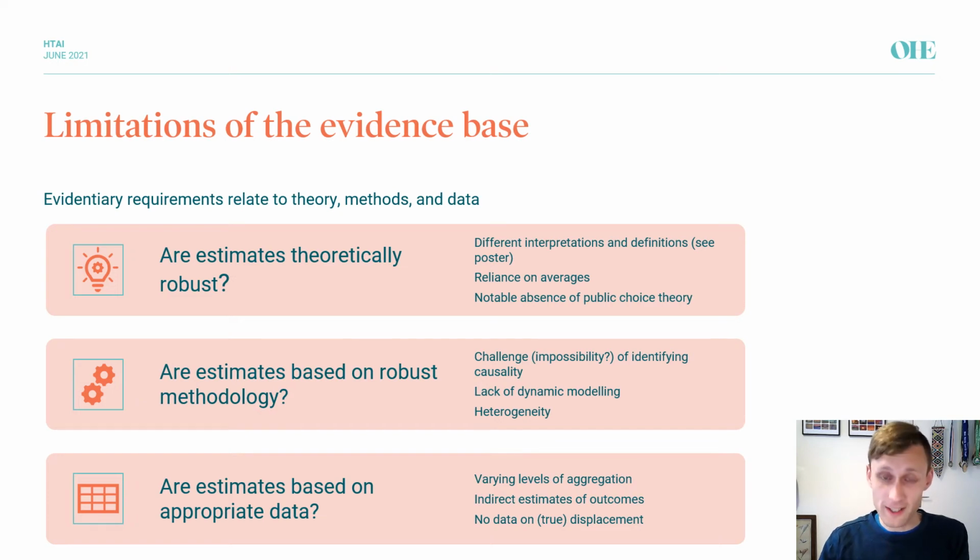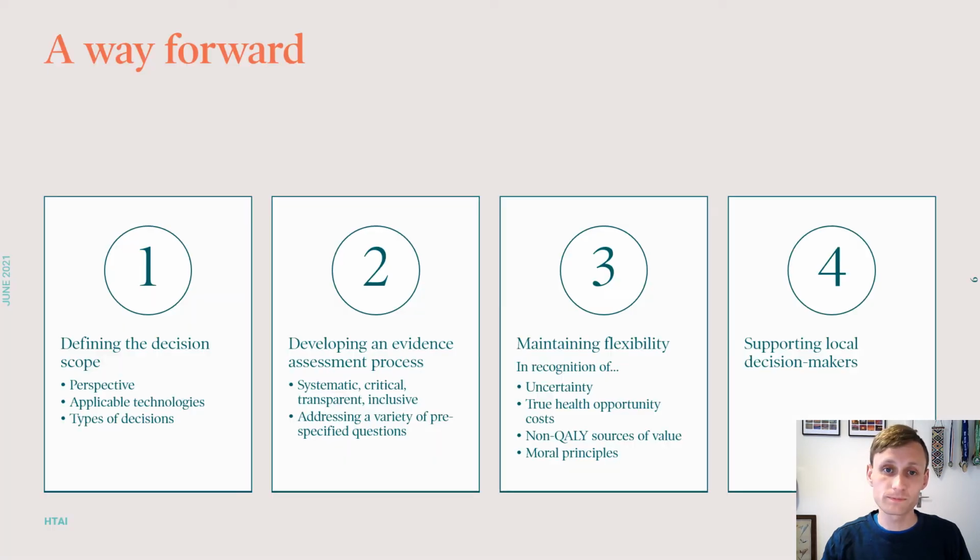But the biggest lack of data is on actual opportunity costs. We simply don't know what is displaced when something new is funded. This means that it's currently not possible to validate estimates against what's actually happening in the health service.